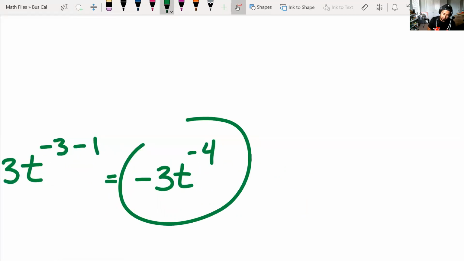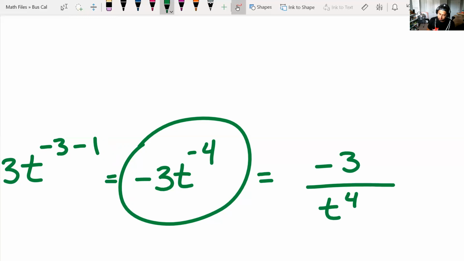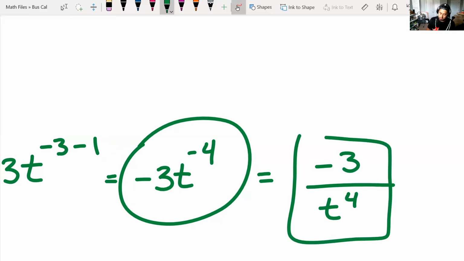This is done, but let's say in case you had to rewrite it. Let's say my math lab was being really picky and wanted you to rewrite this. You would use negative exponent properties to rewrite this. So this also can be rewritten as negative 3 over t to the 4th.